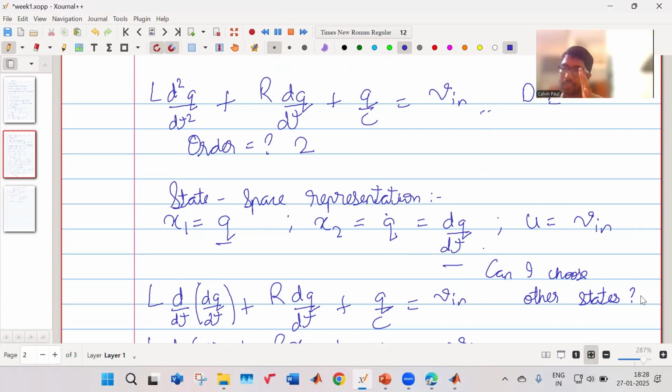What do you think? You know that the transfer function from input to output is the same. I will have only one transfer function because it will be unique. But is the choice of state also unique, or can I have different state representations?